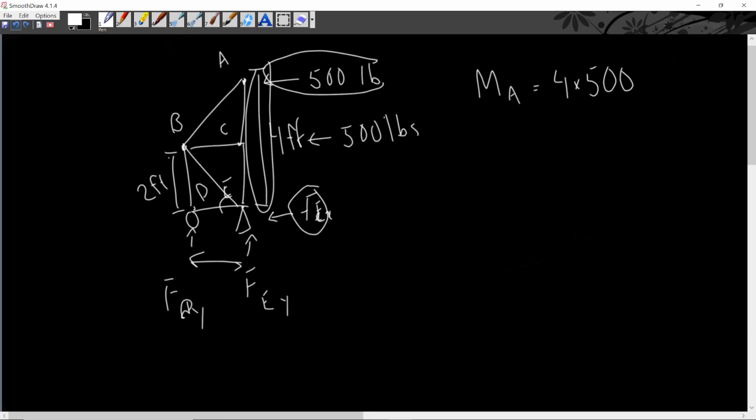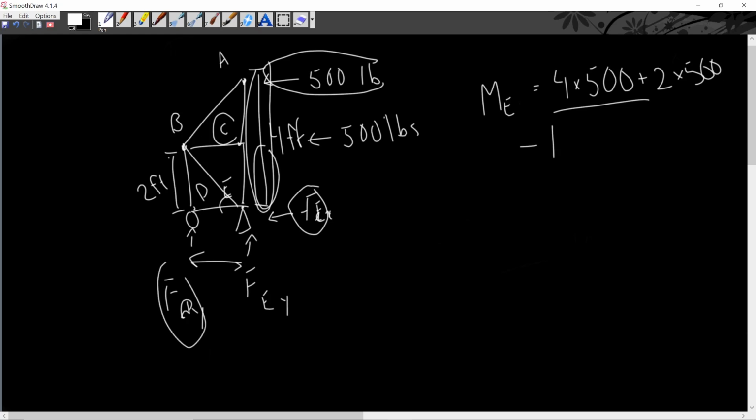And then this will be plus another 500 at that C. So this isn't moment A, this will be moment E, this is moment A, and then moment C. This distance between those two is going to be 2 feet as well, because this is a square, so we'll have 2 times 500, and then from here we'll have minus the force Fdy, because this one's actually traveling clockwise, right?